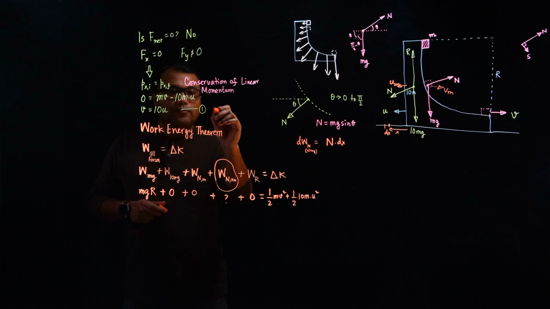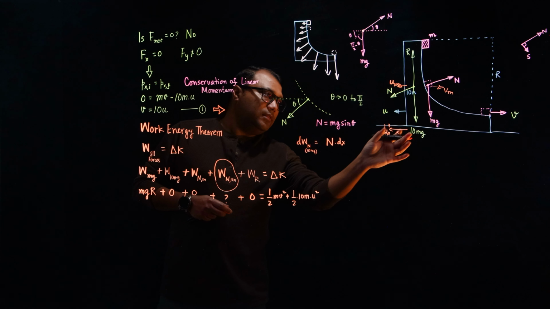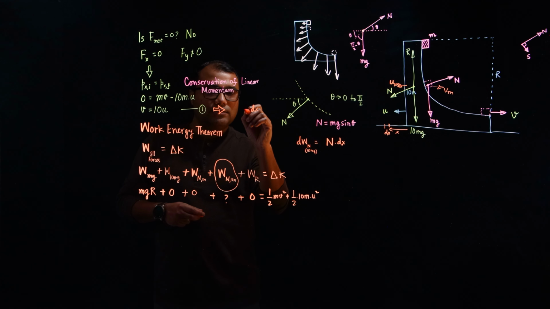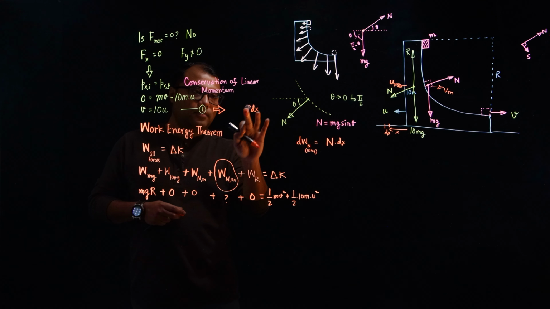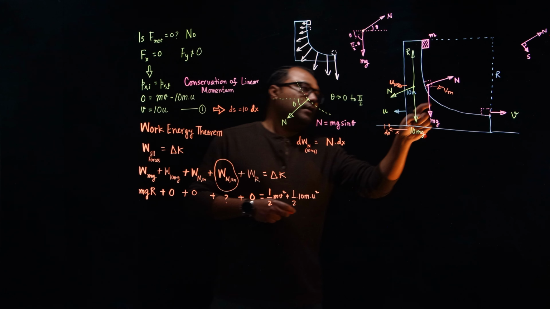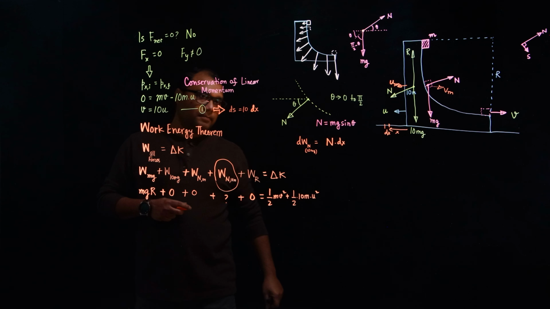So from this, we can further say that if the 10m moved by dx distance, then 10 times dx would be equal to whatever the small m moved, ds.